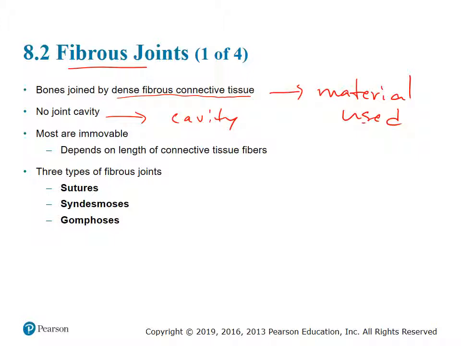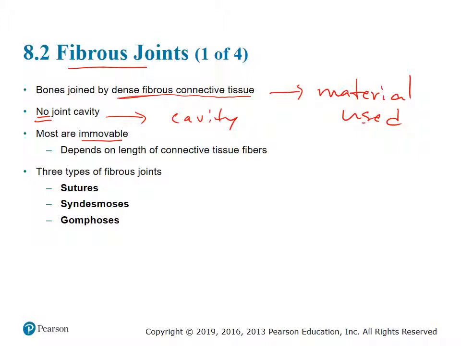Fibrous joints have dense fibrous connective tissue, that's why we call it a fibrous joint. And there's no cavity whatsoever, okay? Because we have these two things in this type of joint, most of these joints are immovable. So we can classify it based on its function as well. Most of them are immovable.